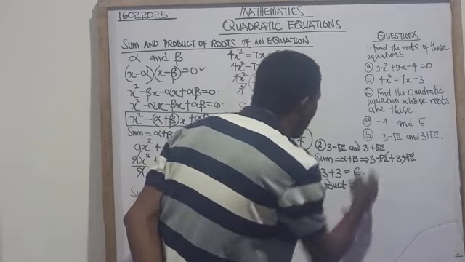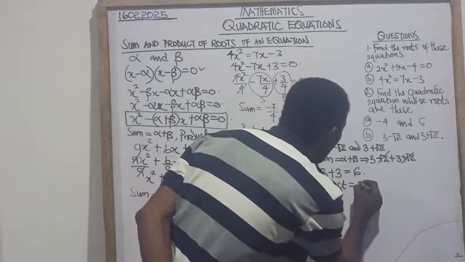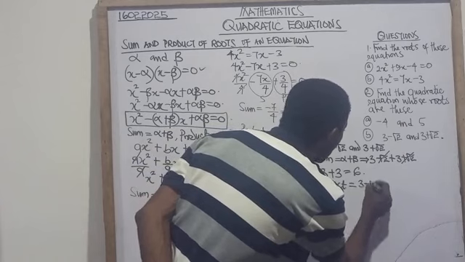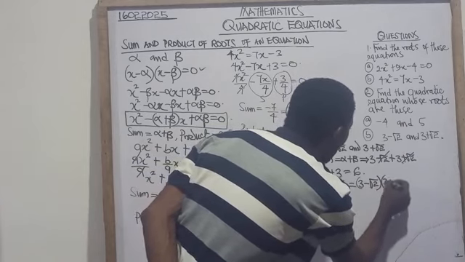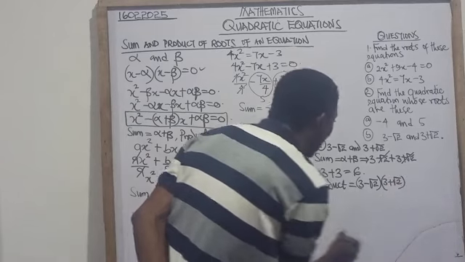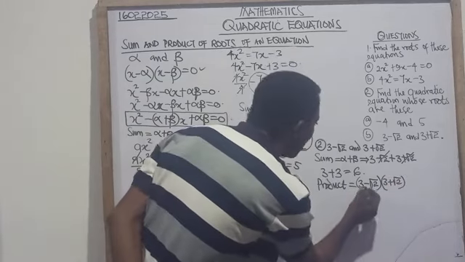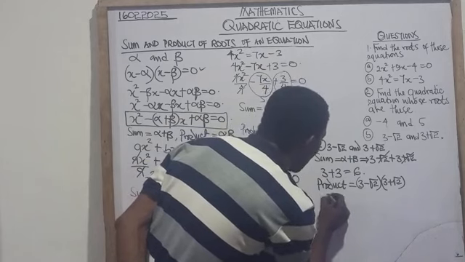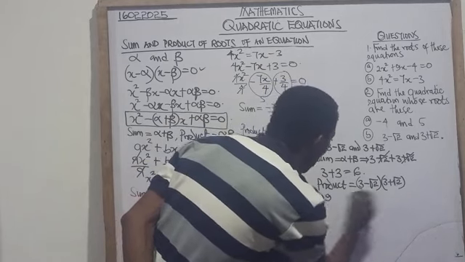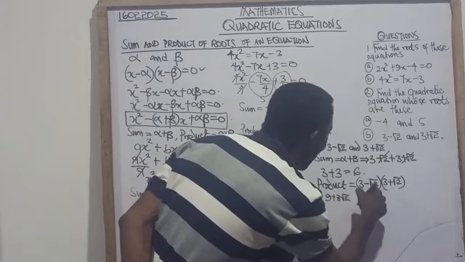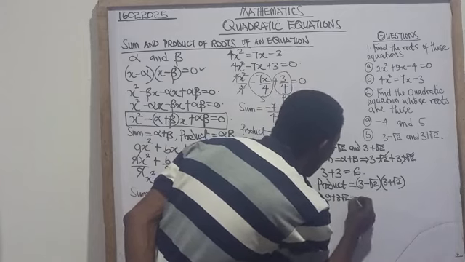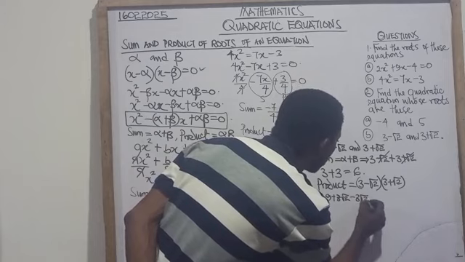Now when we move down to the product, it is equal to this one times this. That will be 3 minus root 2 times 3 plus root 2. Now you open it because we are multiplying. 3 times 3 will give us 9. 3 times this one will give us plus 3 root 2. Then this one times it will give us minus 3 root 2.